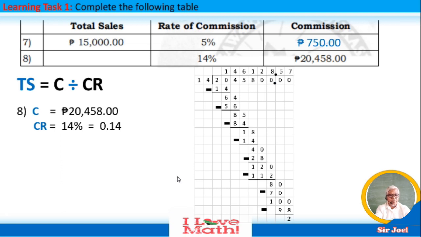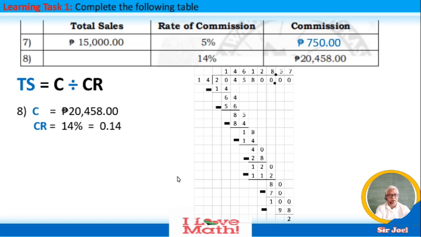Bring down 0. It's 80 divided by 14. So the answer is 5. 5 times 14 is 70. 80 minus 70 is 10. Bring down 0. It is now 100 divided by 14. And that is 7. And 7 times 14 is 98.